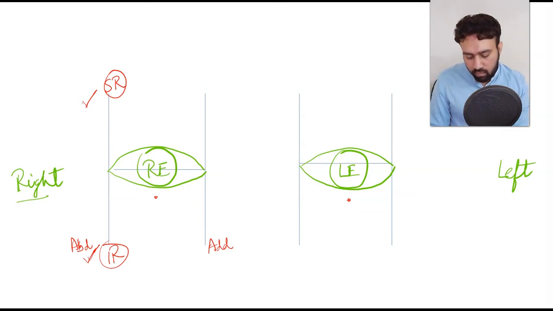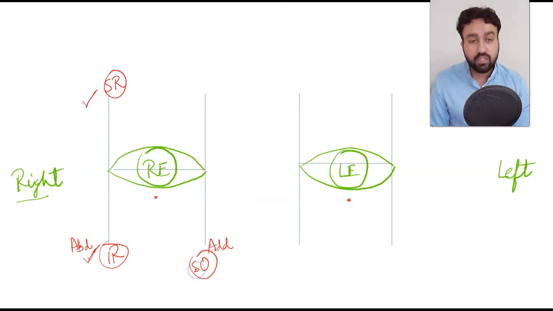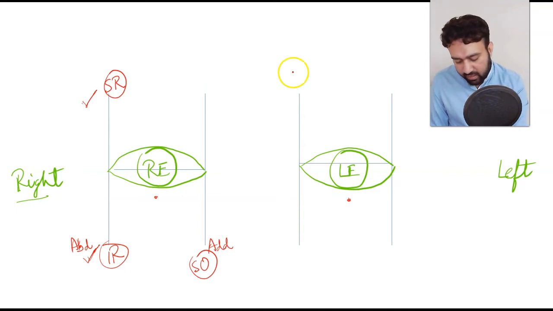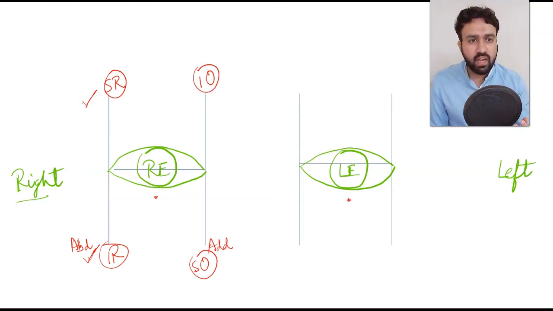Now, the obliques are abductors of the eye, but their maximum vertical action occurs in adduction. So here you've got the superior oblique, which is going to pull the eye downwards in an adducted state, and here you've got the inferior oblique, which is going to elevate the eye in the adducted state.